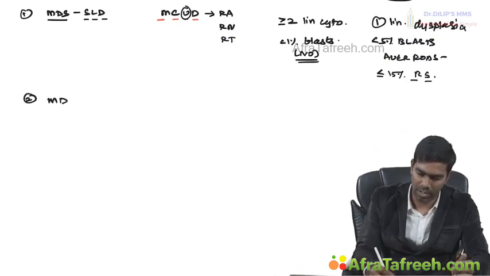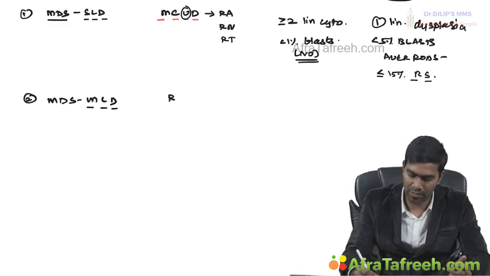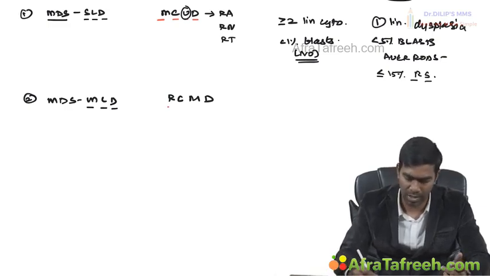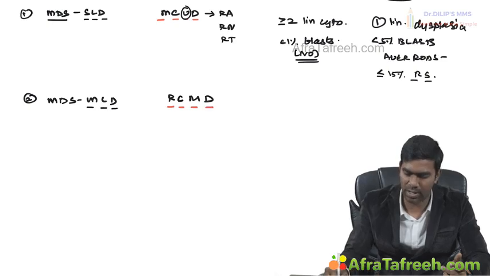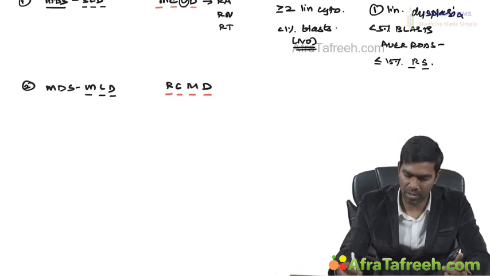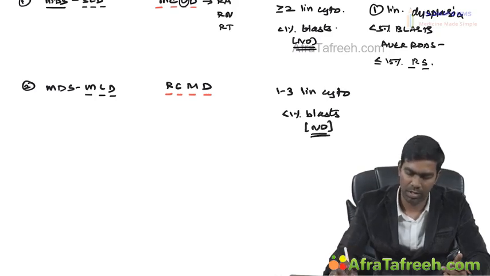Second one is MDS with multilineage dysplasia. Previously this was also called refractory cytopenia with multilineage dysplasia. These are all really good names. That's how we call it RCMD. In the peripheral smear, you will typically see 1 to 3 lineage cytopenias, and less than 1% blasts, which means you are not going to see any blasts in the peripheral blood.